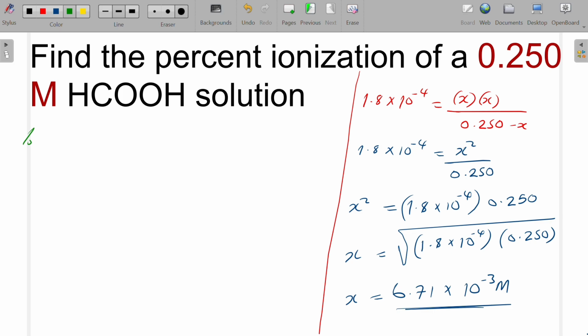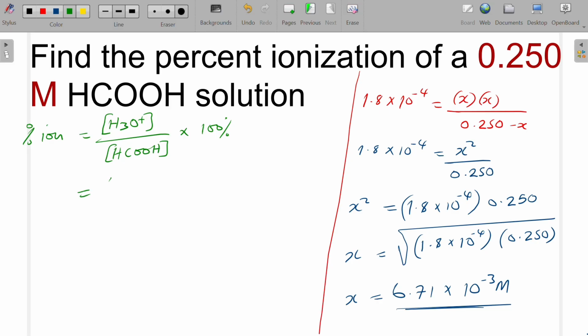So percent ionization is equal to the concentration of the hydronium ion divided by the concentration of the acid, HCOOH, and this will multiply by 100%.